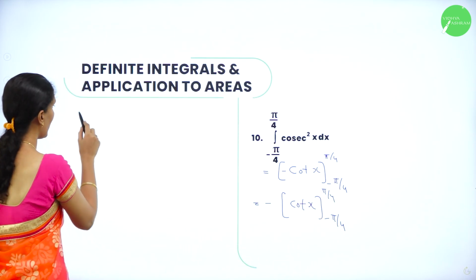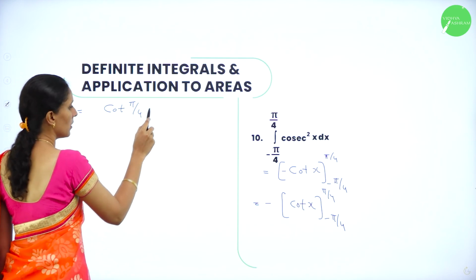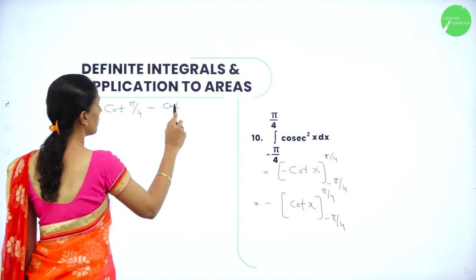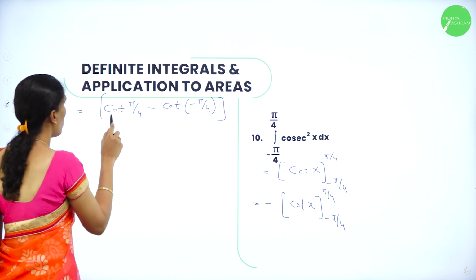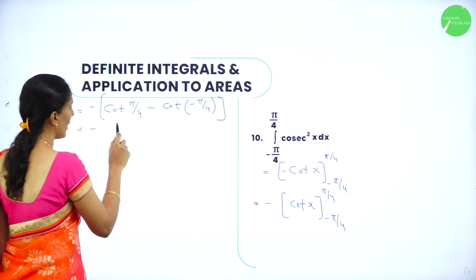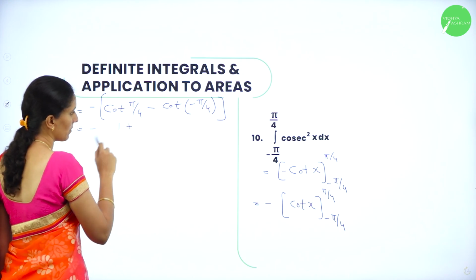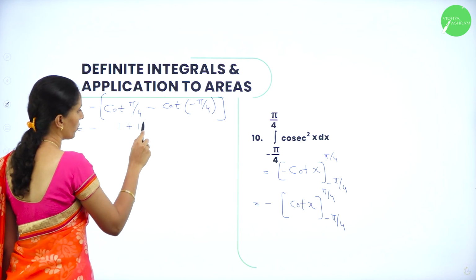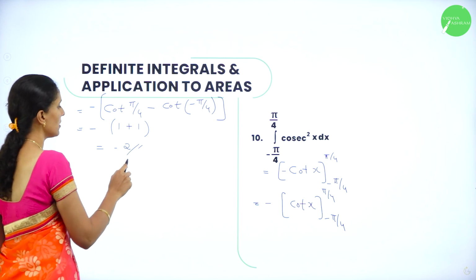So therefore here I will get cot pi by 4 minus cot of minus pi by 4, and outside I have negative. So cot pi by 4 is 1. Minus, this is again minus, so it becomes plus. Again cot pi by 4 is 1. So 1 plus 1, and the value is minus 2.